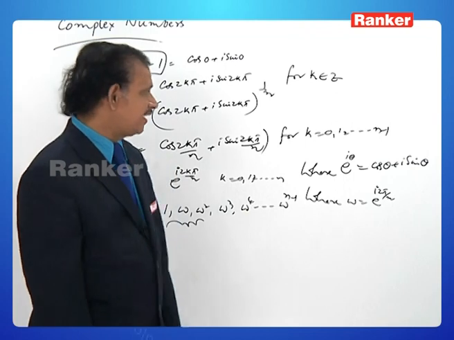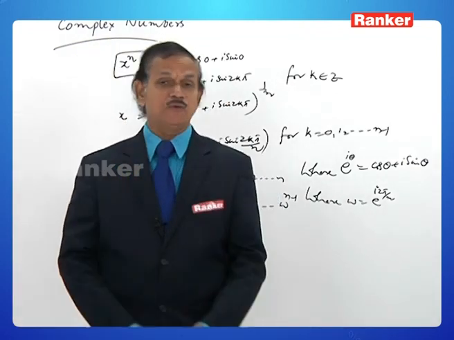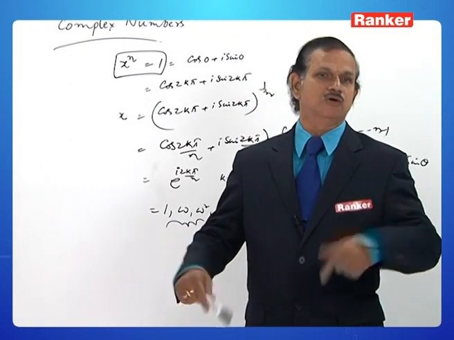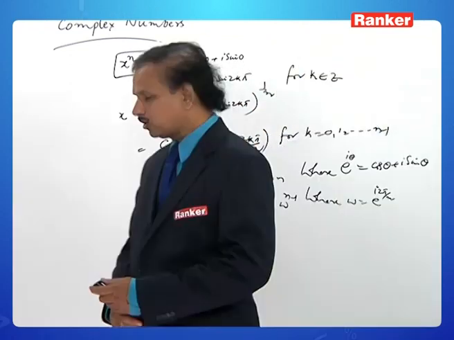And while finding these nth roots of unity, we could have made use of one beautiful concept, namely De Moivre's theorem. What is that? Let us have a look over that.